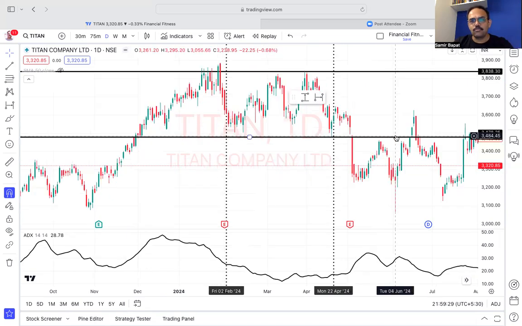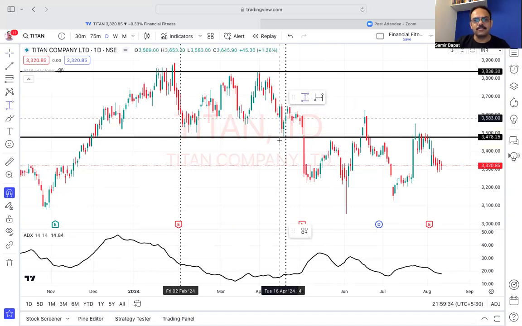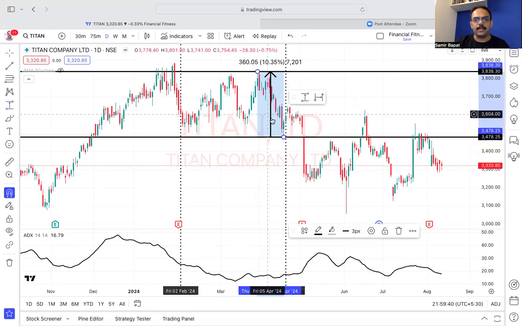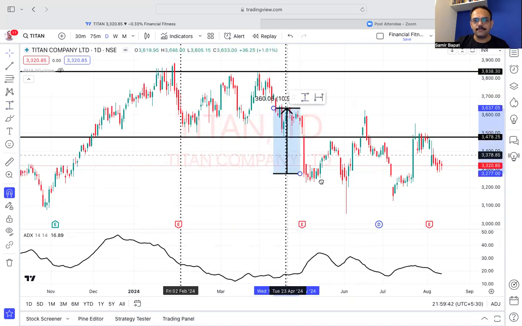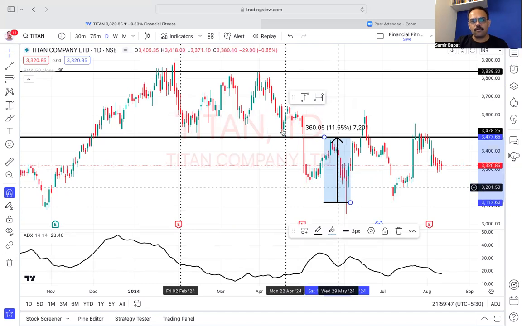Because if it is closing below it, then it is likely to fall by the same distance between these two lines. See, if I measure it from here to here, and put it here, it broke down and went till this location.